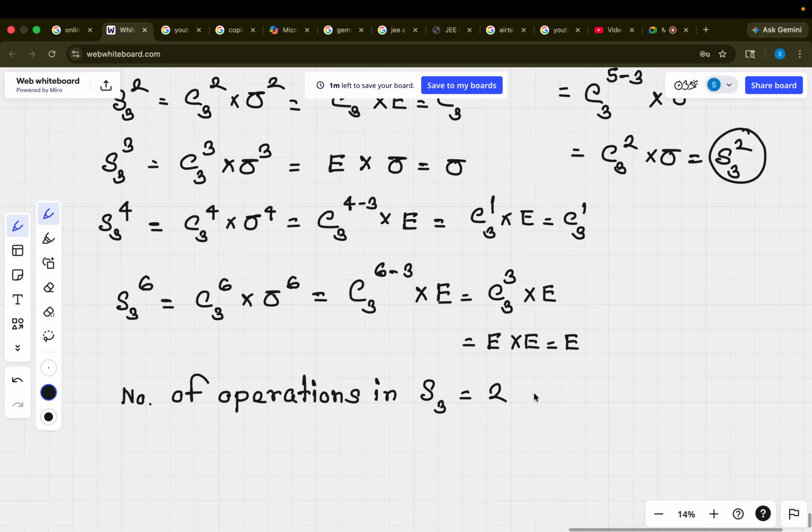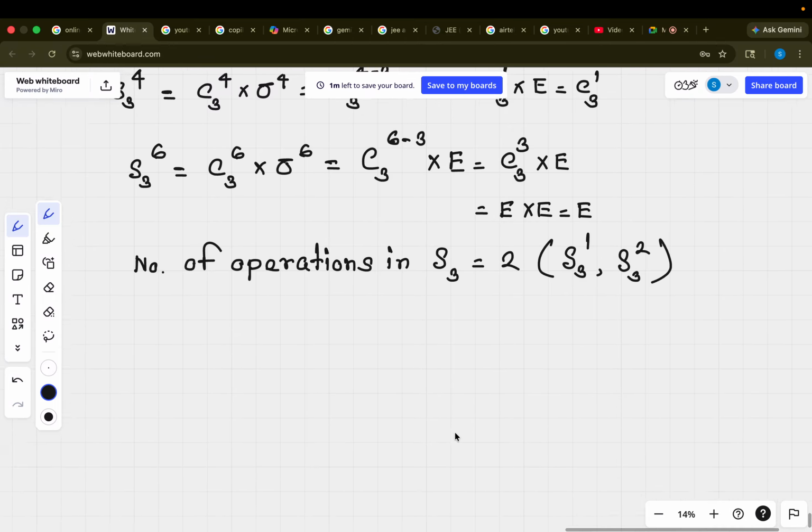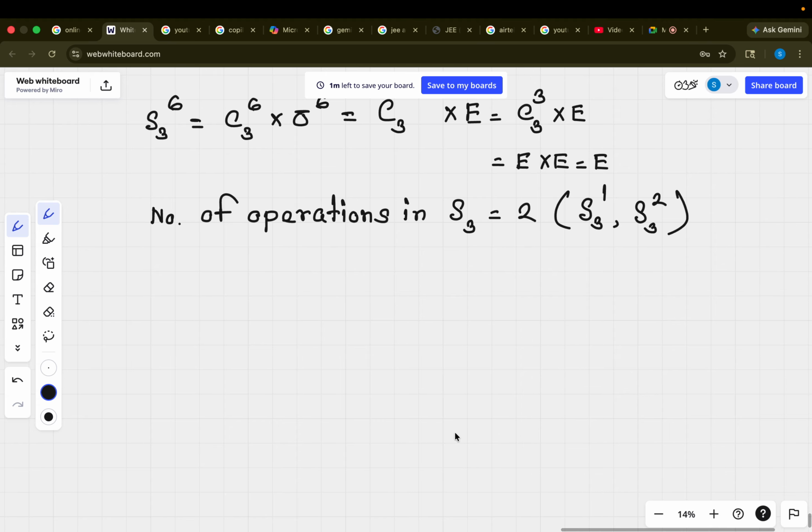We have only 2 operations in S3. What are they? They are S3 1 and S3 2.